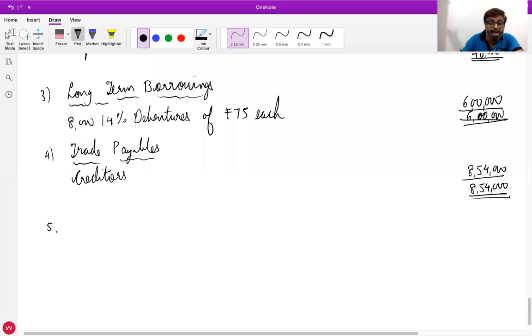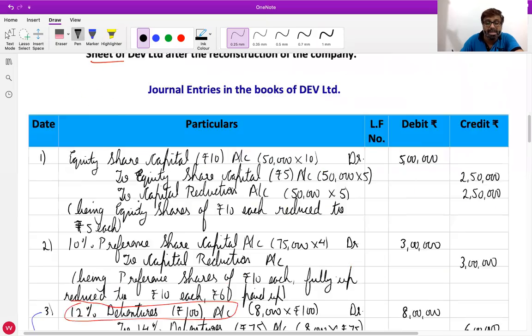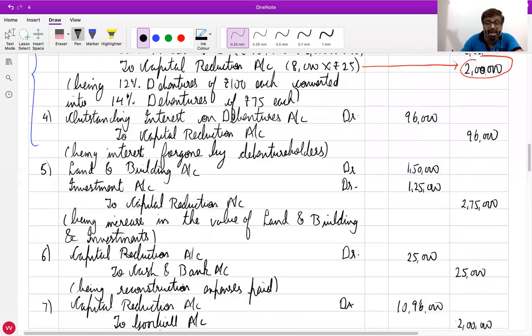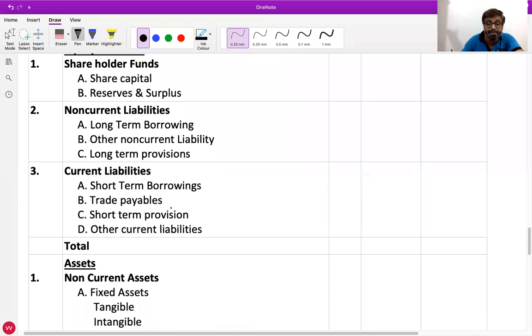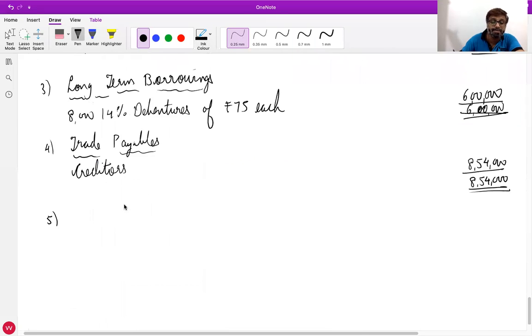Then after trade payables, what is the next liability? Do we have any other current liabilities? Short-term provisions, other current liabilities we don't have. Okay. Now directly tangible fixed assets.